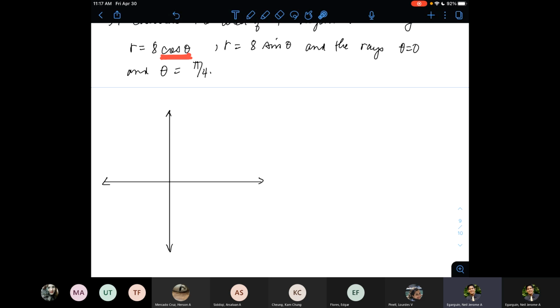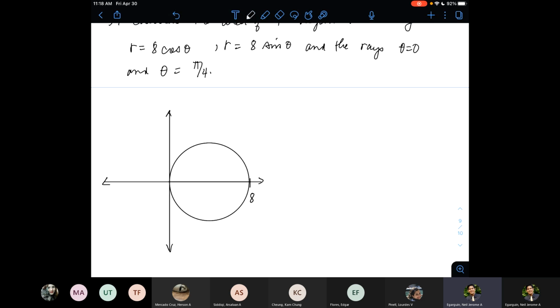I look at the trig function involved, it's a cosine, so this would be a circle either on the positive x-axis or the negative x-axis. Cosines are always associated with a variable x, right? And then the coefficient is positive 8, so the circle should be here. If it was a minus 8, then your circle would look like that. So here we have a circle of diameter 8. This would be 8 units, okay?